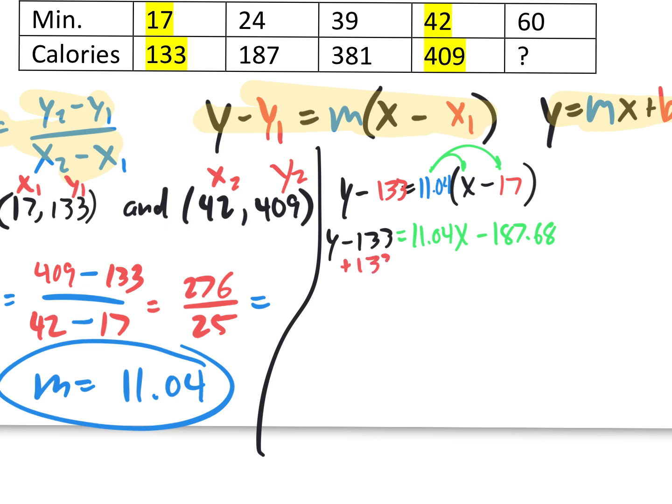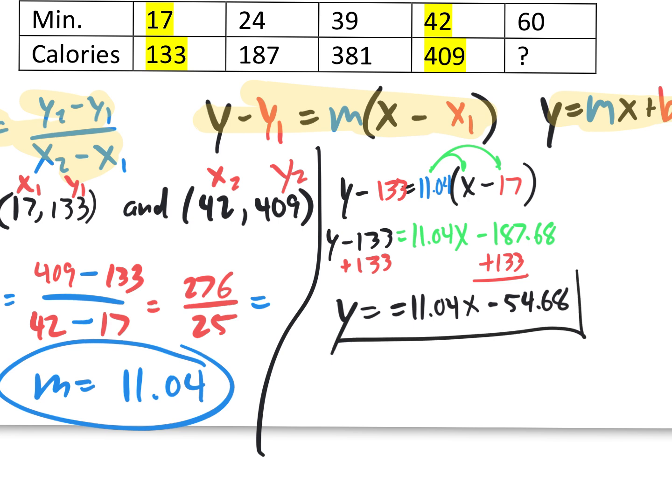So you're going to add 133. Of course, you're going to end up with y by itself. y equals 11.04x, and with the calculator, 133 minus 187.68 will be a negative 54.68. And that's your prediction equation.